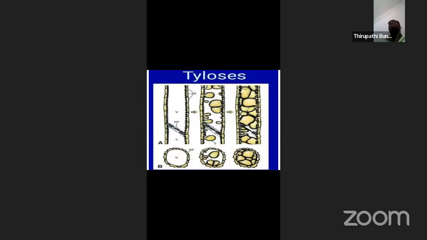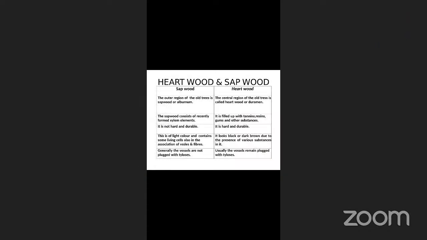Next, the difference between heartwood and sapwood. The outer region of old trees is sapwood or alburnum.